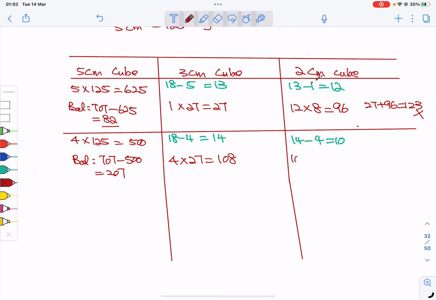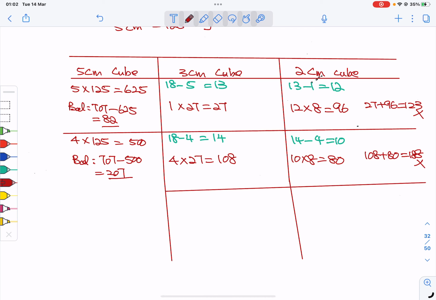So 10 times 8 is 80. So 108 plus 80, I will have 188. So I need 207, still wrong.